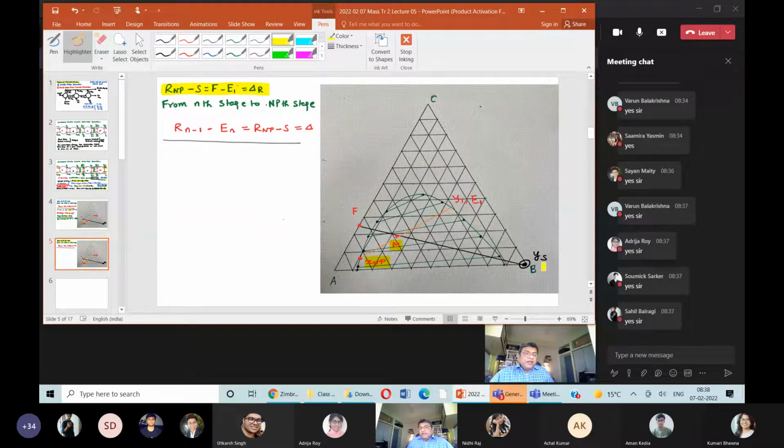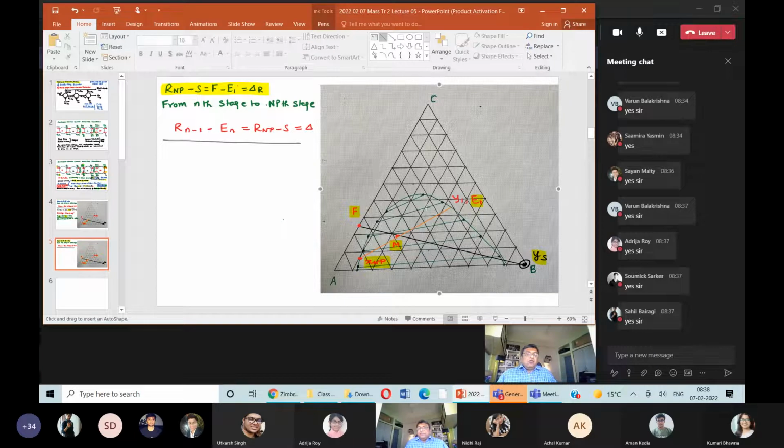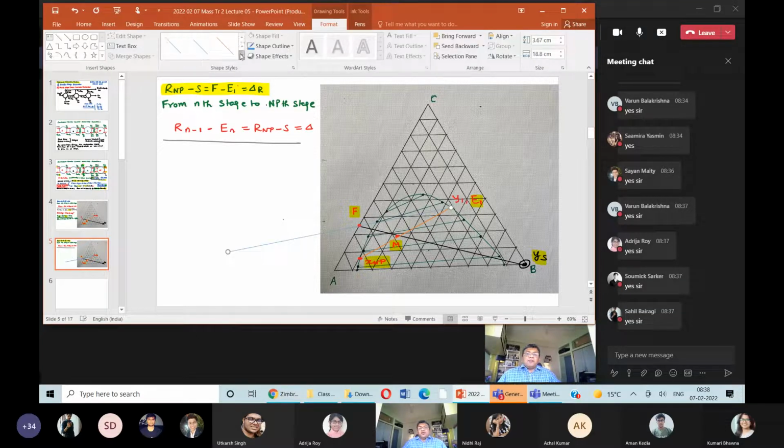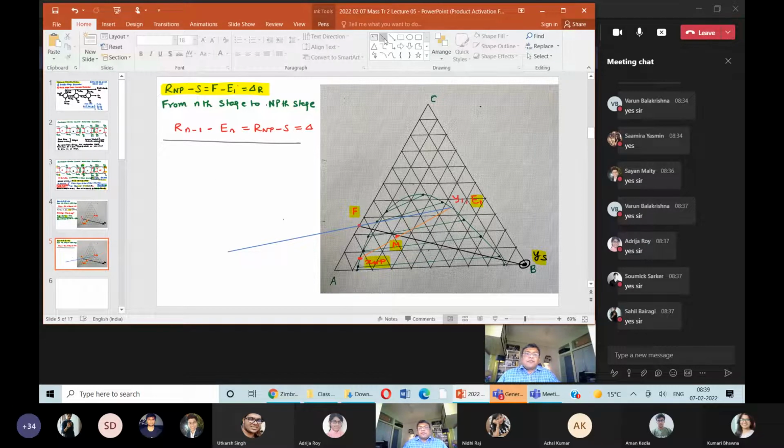Here is our RNP, here is S, here is E1, here is F. What this type of a difference equation mathematically means is that if you join E1 and F and extend it, this is more of a convention, and you also join S and RNP and extend it.